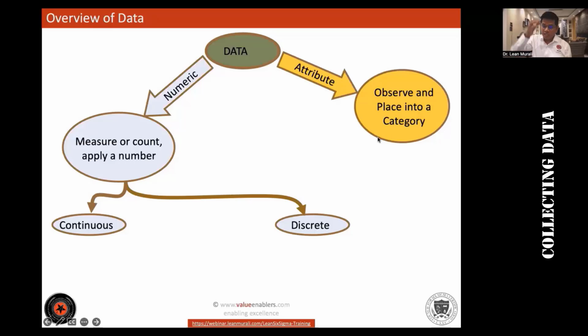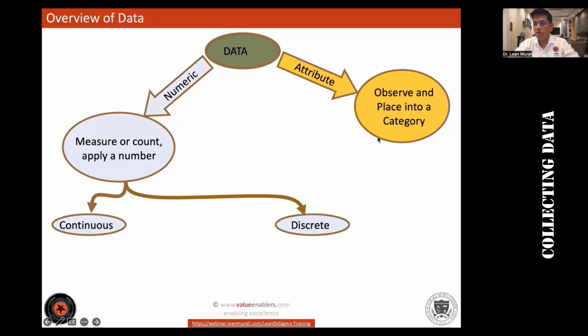I'll give the same example of this room where the air conditioned temperature is 27 degrees. Let's say the current temperature may be 25 degrees. Suppose I change the temperature to 26, can there be 25.5 degrees also? Yes.